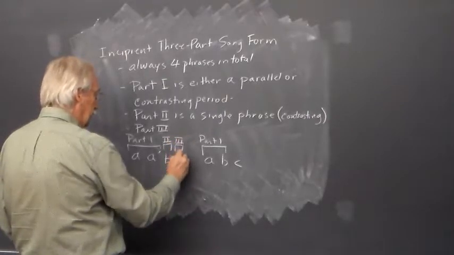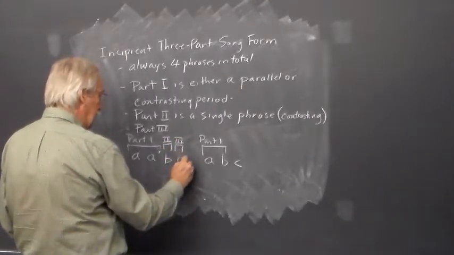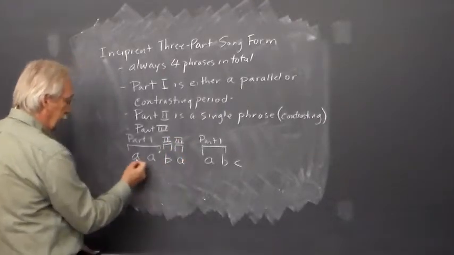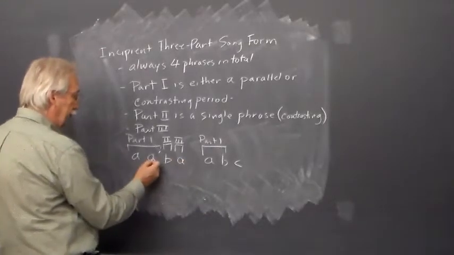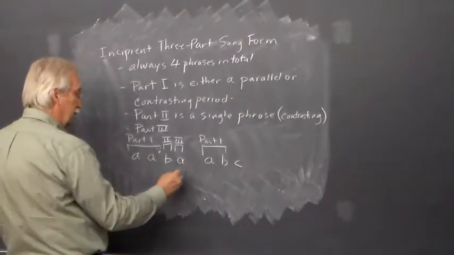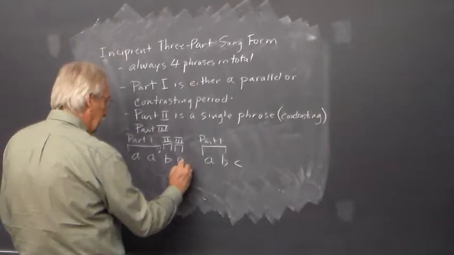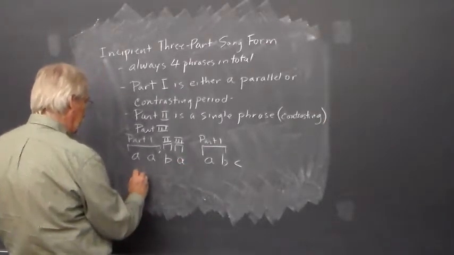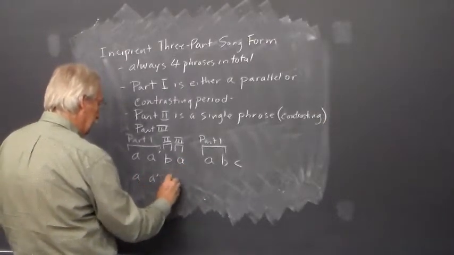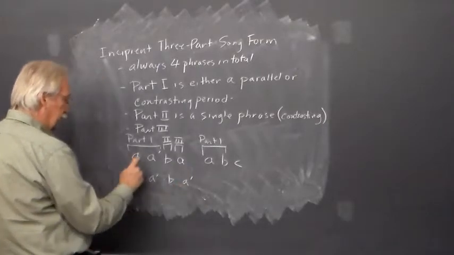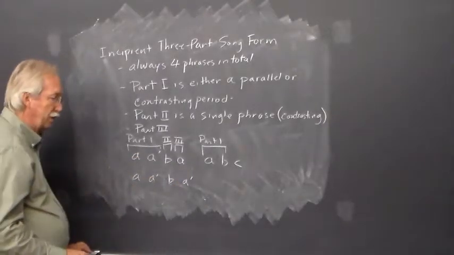Part 3 could bring back a, so it brings back this phrase, or it could bring back a prime. So we'll put here a or a prime. Those are both examples of incipient 3-part song form.